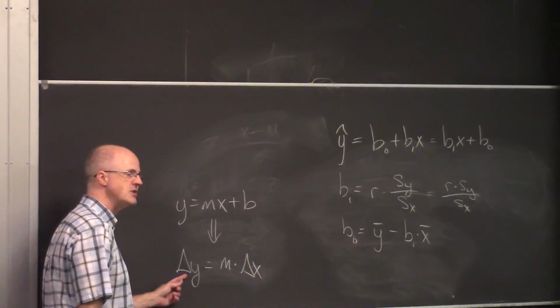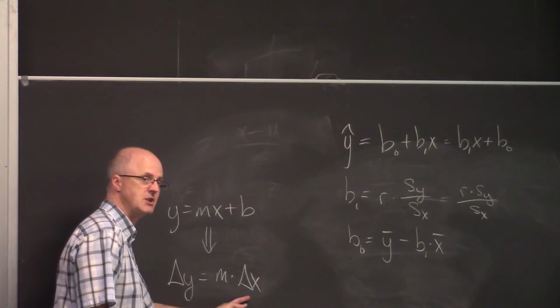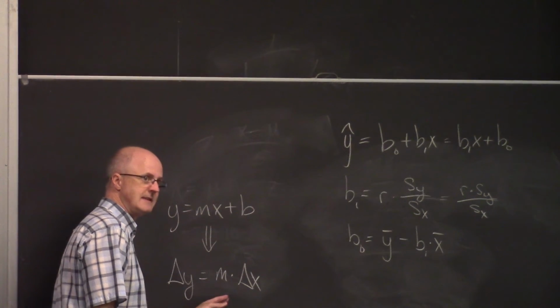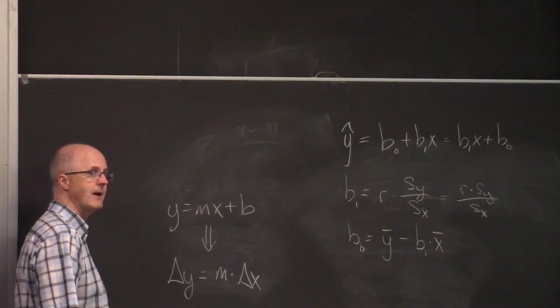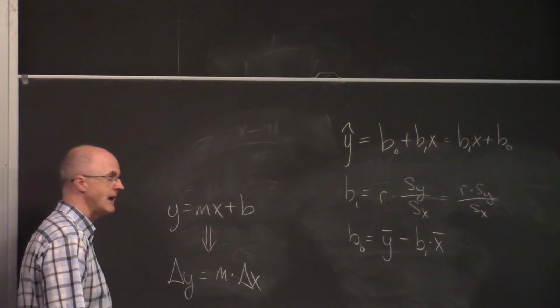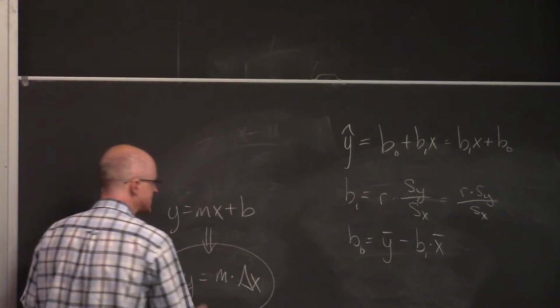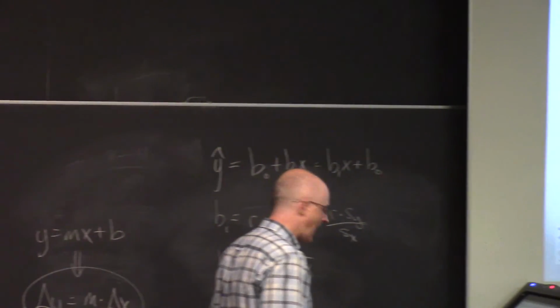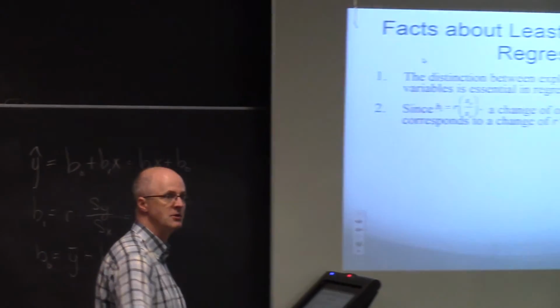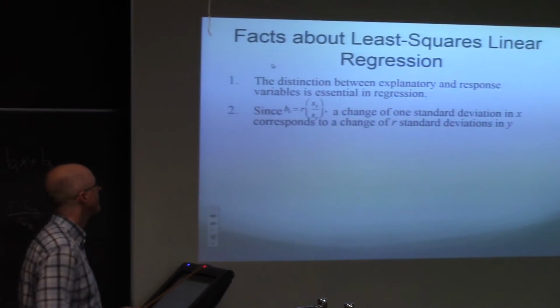You can find the change in y by taking the slope times the change in x. And this is the justification for calling slopes rates of change, and interpreting their meaning. This is part of what explains number 2. It's not the only reason. I would encourage you to see if you can figure out number 2 from that.